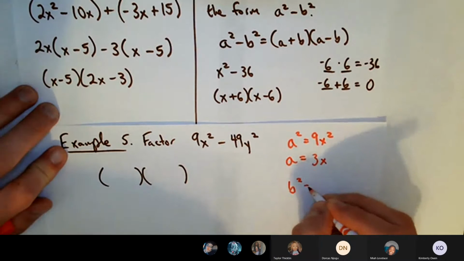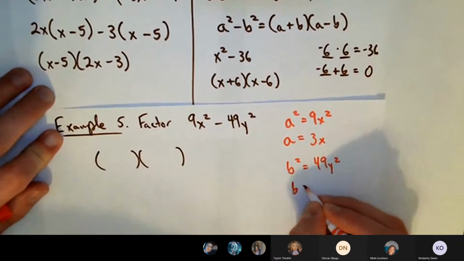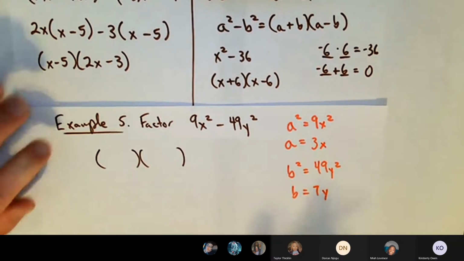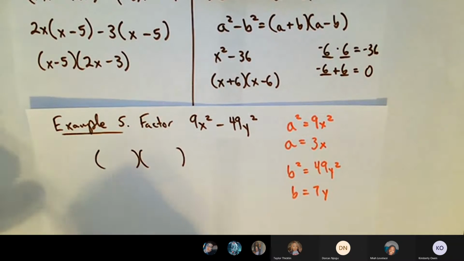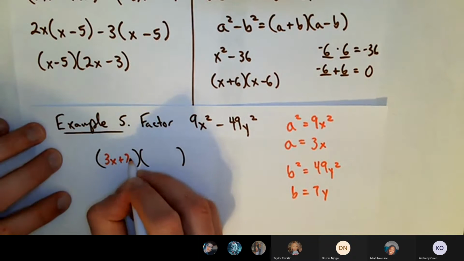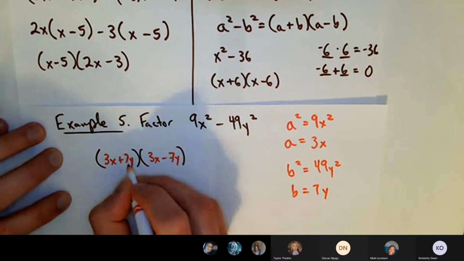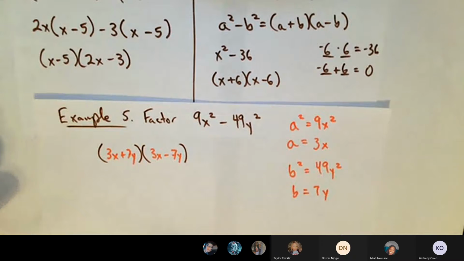And similarly, now b squared is 49y squared. So b will be 7y. Cool. So now we have our a and b. So we have 3x plus 7y, and 3x minus 7y. There we go.